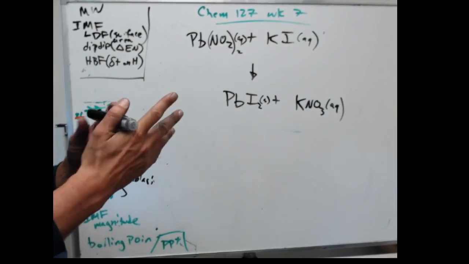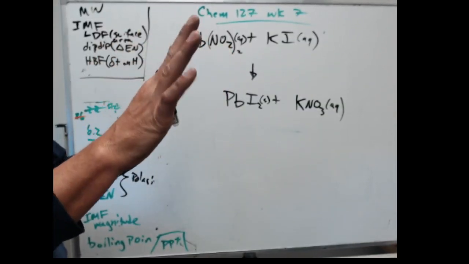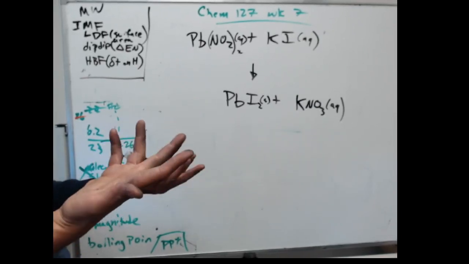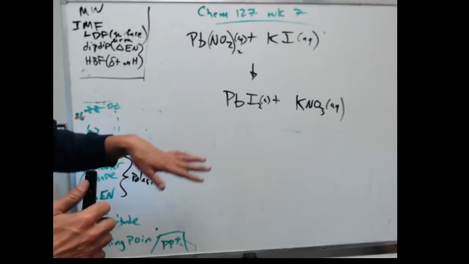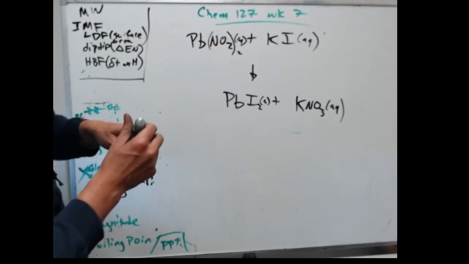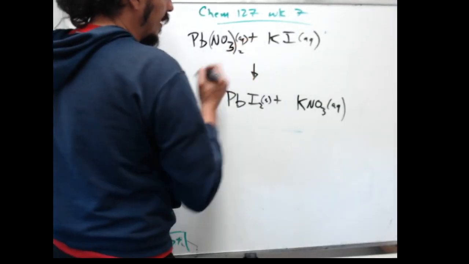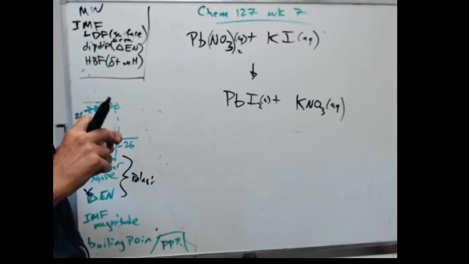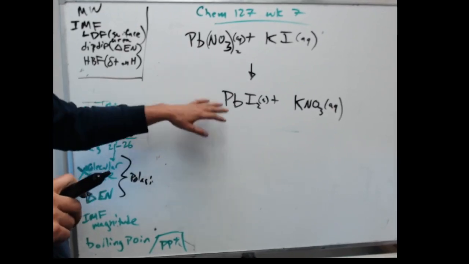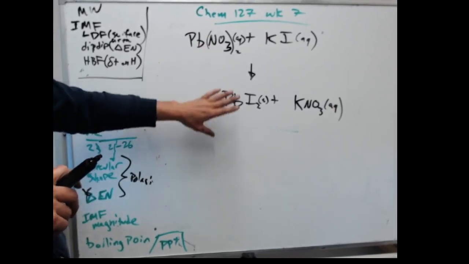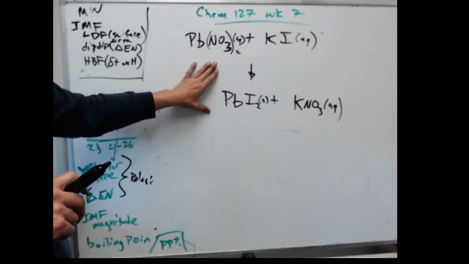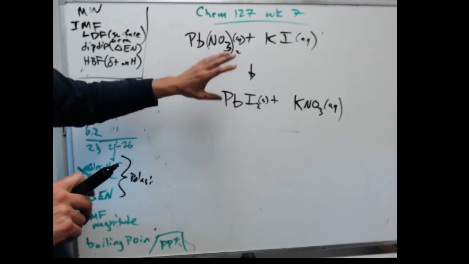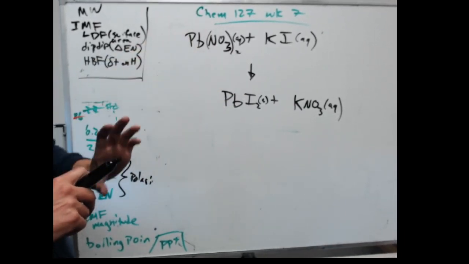Oh, man. Every office hours, it's just like ink. In any case, this is supposed to be an NO3, not an NO2. So anything we look at here, when we're looking between the two, I need to have good compounds, and then I need to have the same number of each element in the reactants and the products.